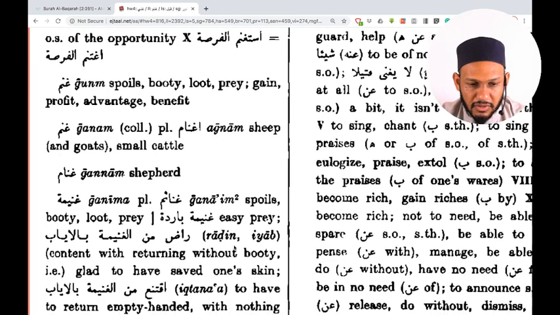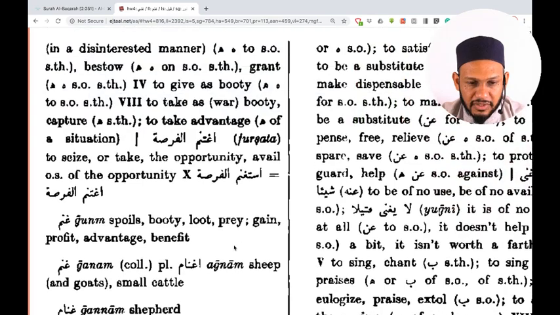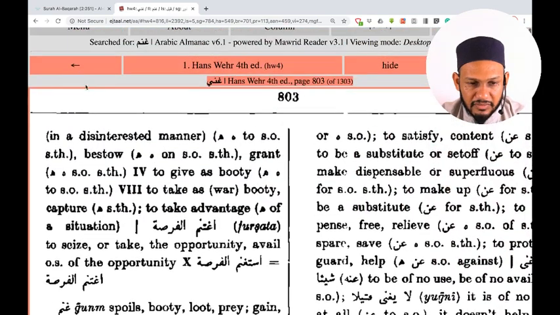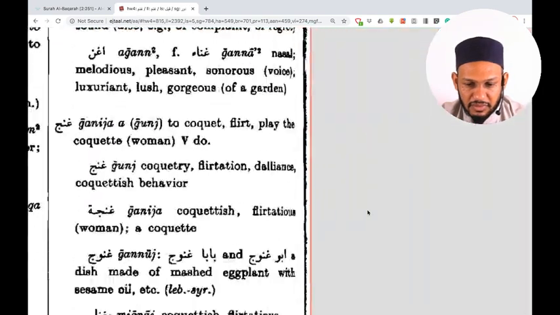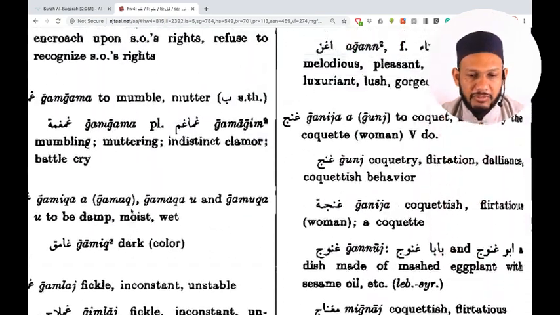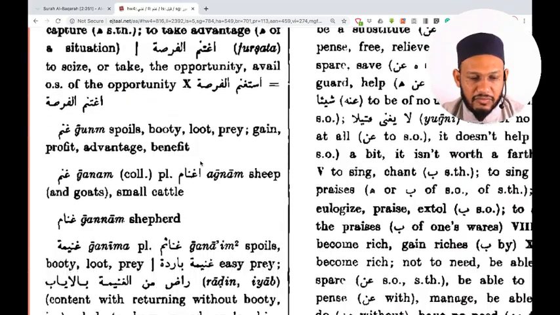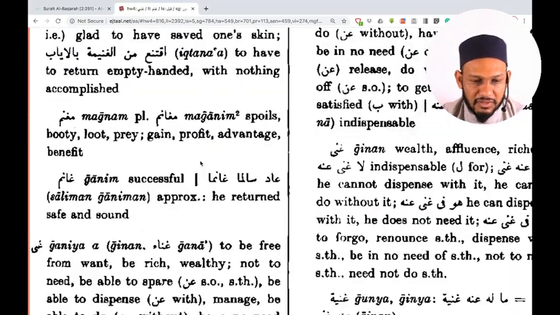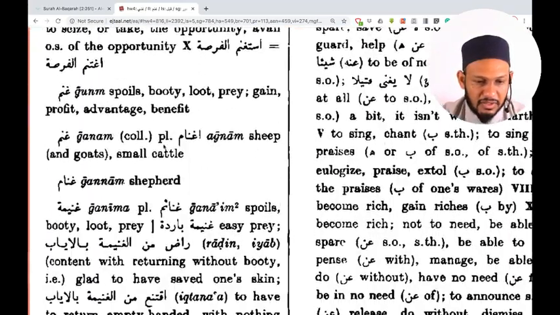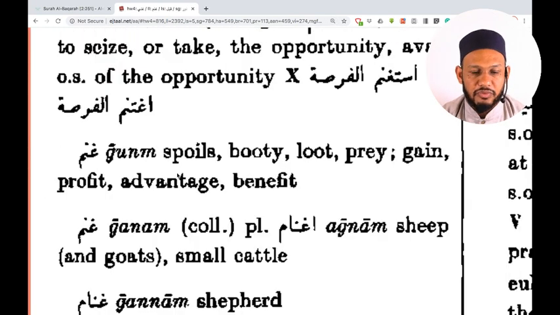Okay, so we look here, we're looking for the word ghanam. You'll find that the verb ghanima yaghnamu means to gain booty, to take spoils of war. But remember, we have to find the exact match in the dictionary. If we go further, we're going to find that ghunmun is spoils of war and booty.